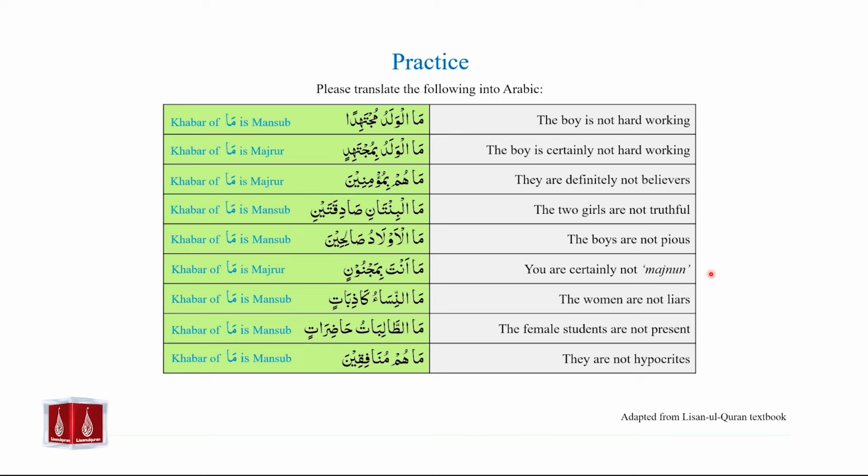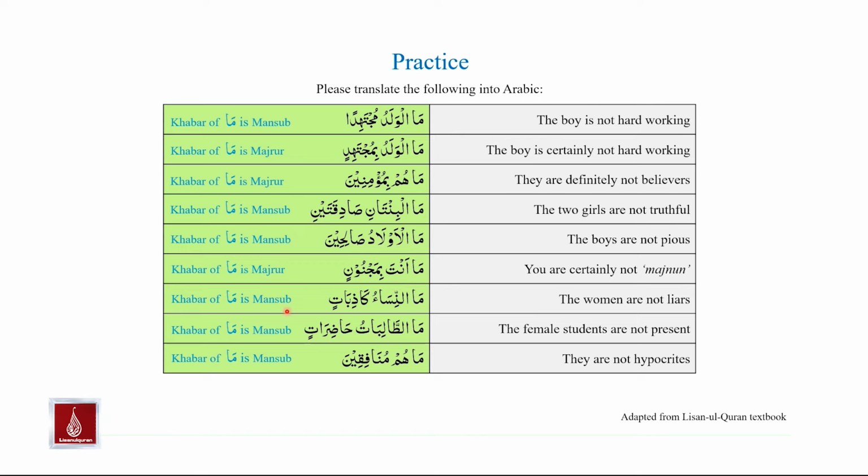You are certainly not Majnoon. In this case, we see emphasis being added to this negative sentence. Ma anta bimajnoonin. The khabar of ma in this case is majroor. The women are not liars. Ma an-nisa'u kazibatin.